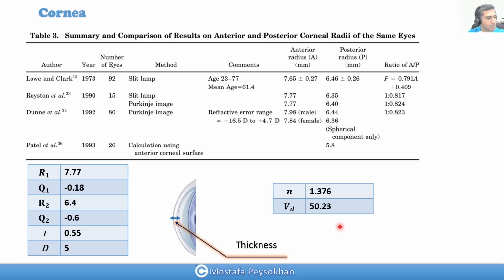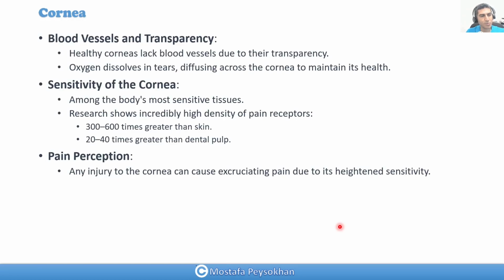The Abbe number is representative of that kind of change that causes chromatic aberration in our eyes. Those are some biological things that look not very relevant, but because I like it, I wanted to talk about it.